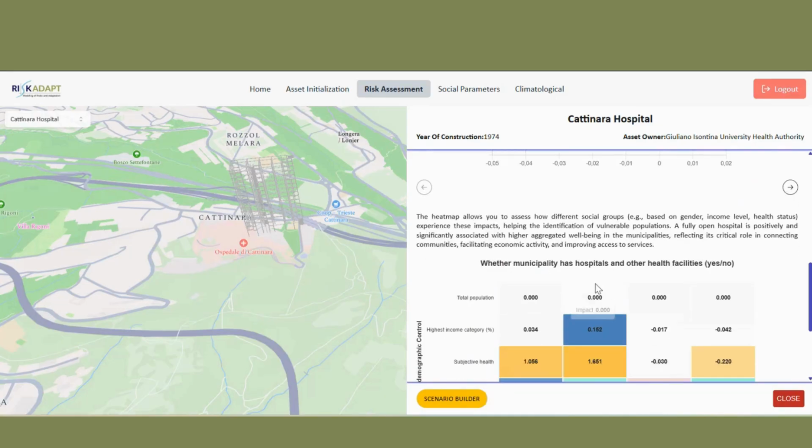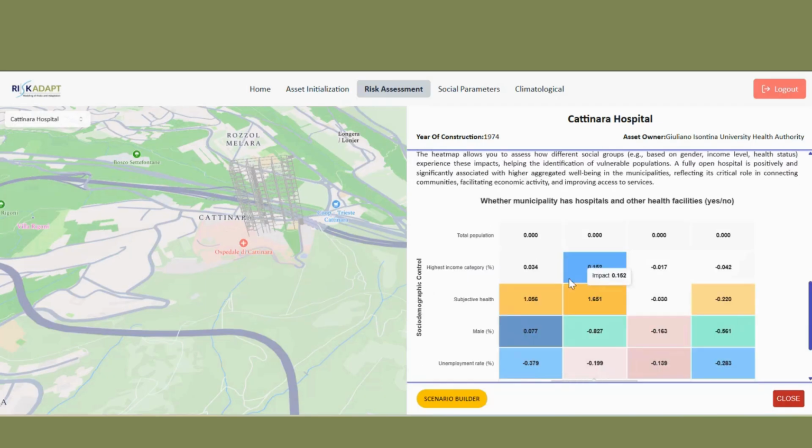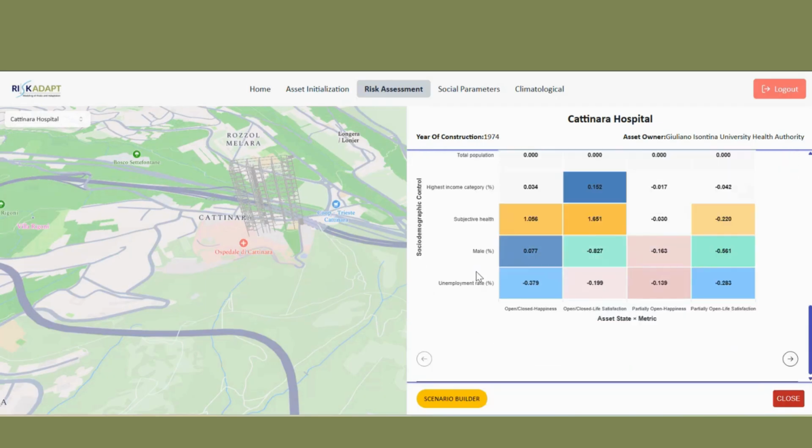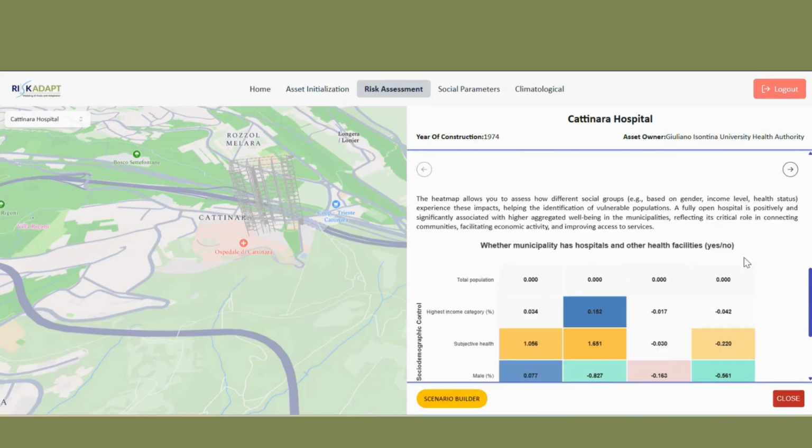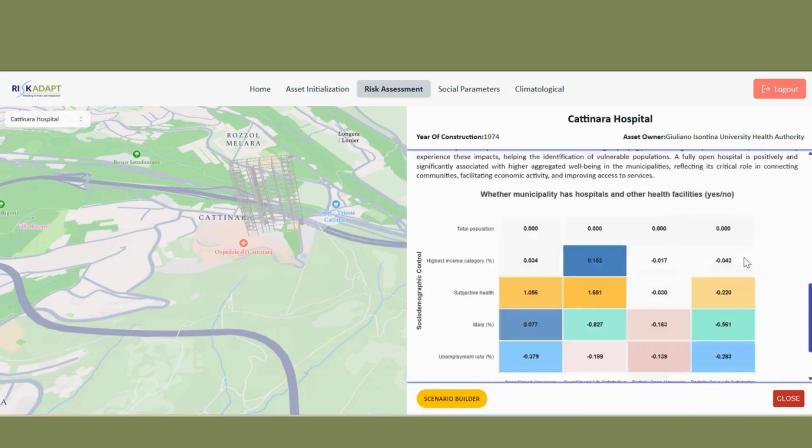Furthermore, they perform some extra analysis for different social categories like gender, age, income, etc., in order to assess if these parameters correspond to the life satisfaction related to the function of the hospital.